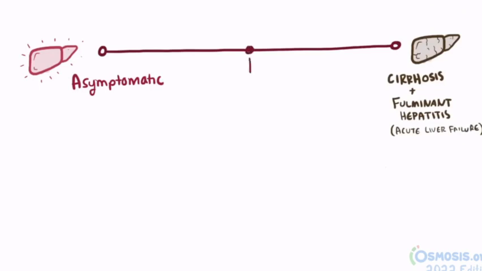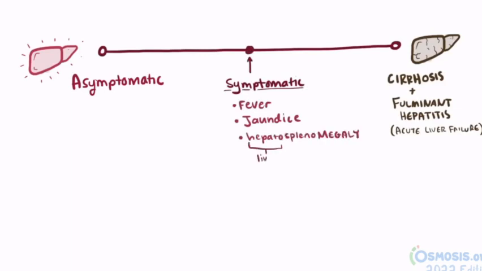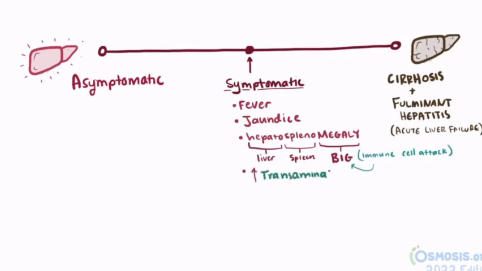Or they might be somewhere in between with debilitating symptoms like fever, jaundice, and hepatosplenomegaly, a condition where both the spleen and the liver are way larger than their normal size, probably caused by inflammation due to immune cell attack. Also, for symptomatic patients, there'll be this increase in blood transaminases.